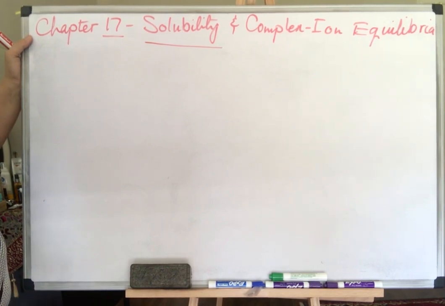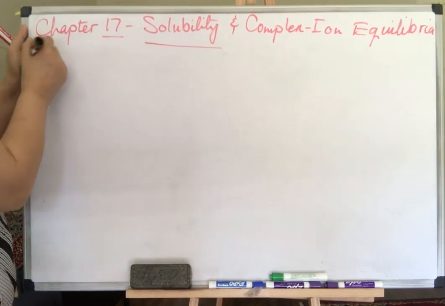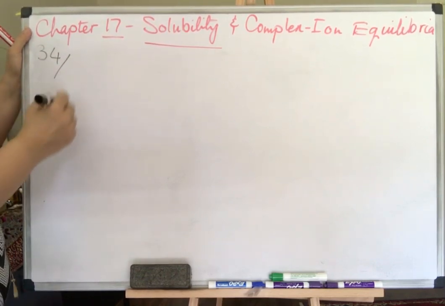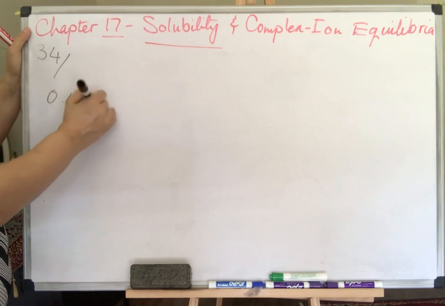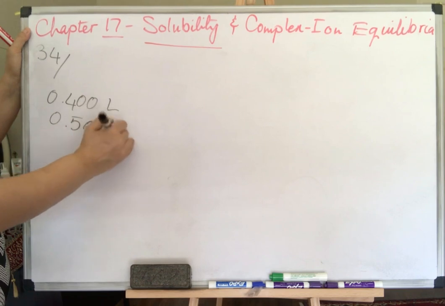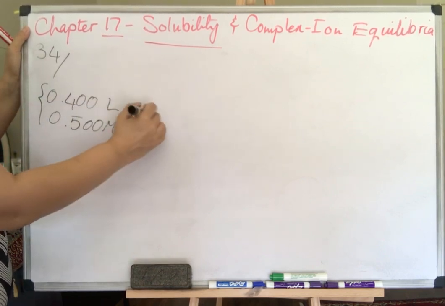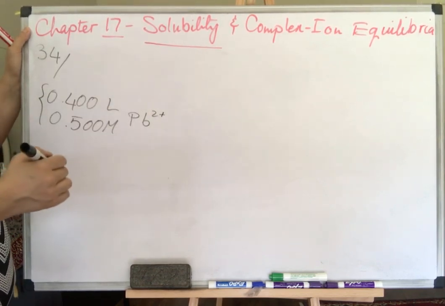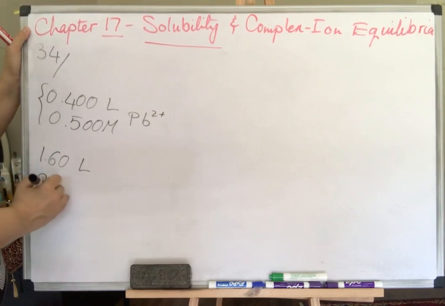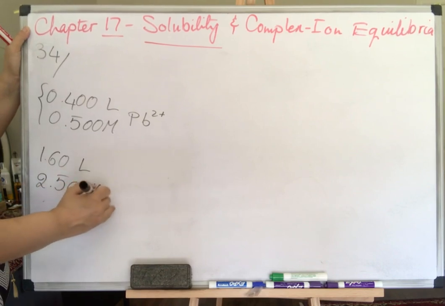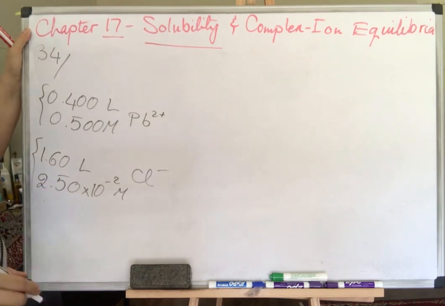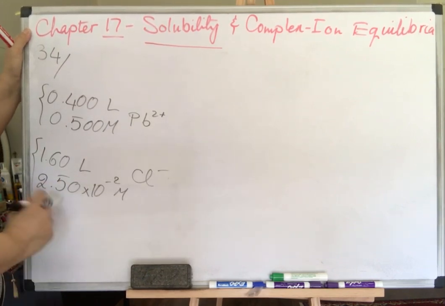The question on slide number 34 is telling you that exactly 0.4 liters of 0.500 molar Pb2+ and 1.60 liters of 2.50 times 10 to negative 2 molar chloride are mixed to form the total volume.